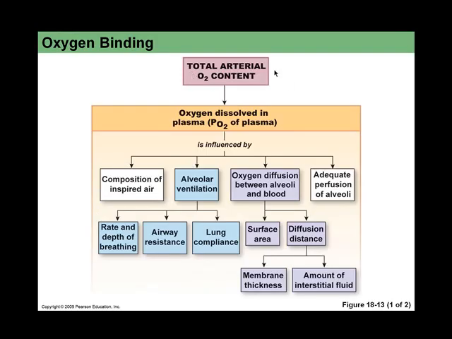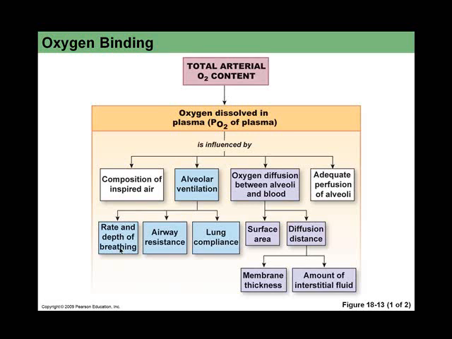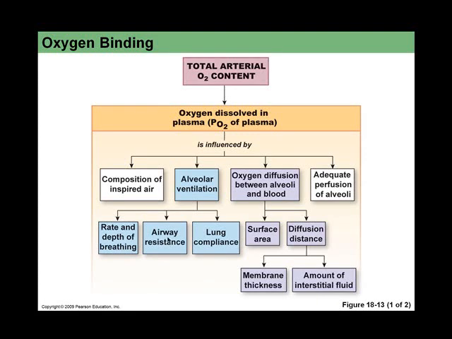So that total in the context of just the oxygen dissolved in the plasma is influenced by the composition of the inspired air, as we saw, the alveolar ventilation that depends upon the rate and depth of breathing, the airway resistance, and the lung compliance.